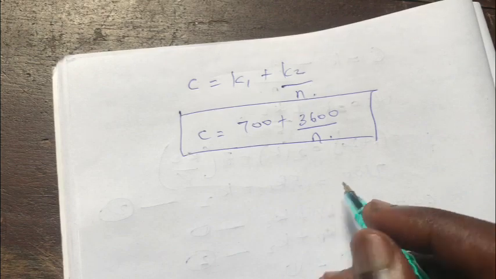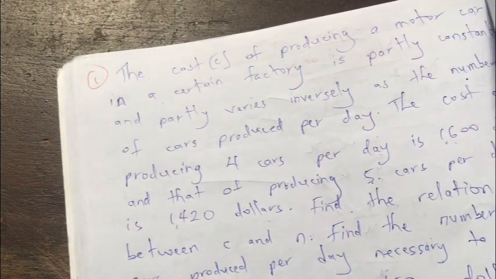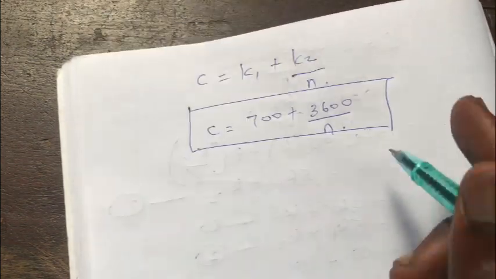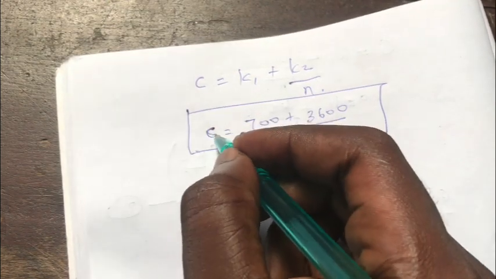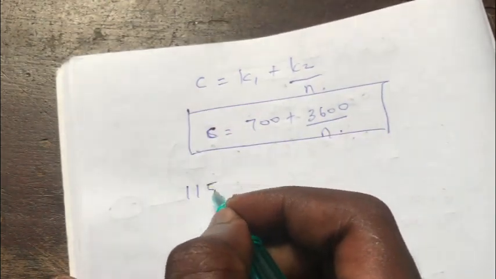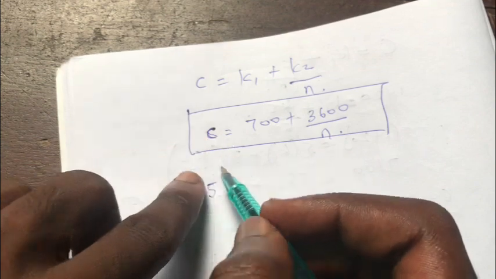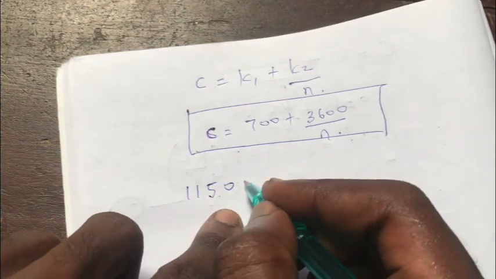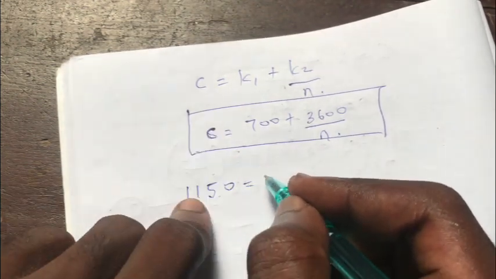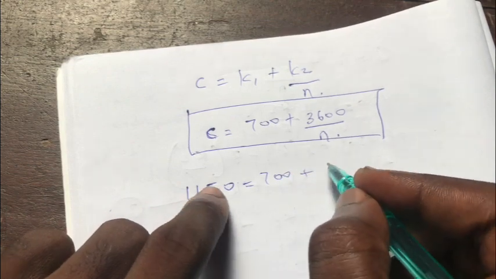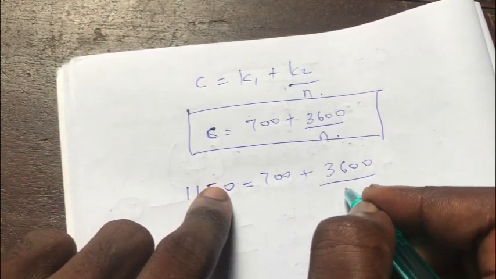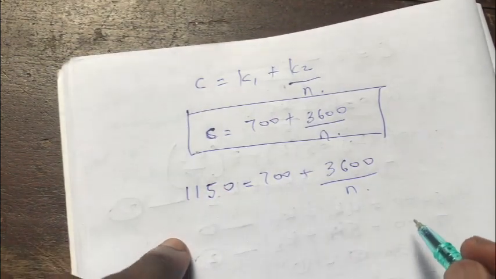The question is also asking us to find the number of cars N which will be required to reduce the cost to 1150. So you put 1150 there, you substitute the cost there, then you continue with 3600 over N. We are going to find N here.